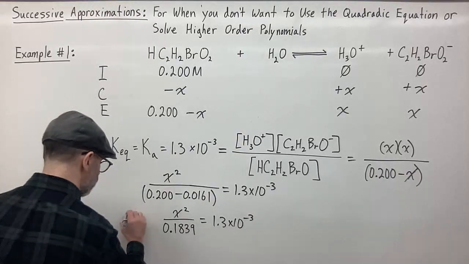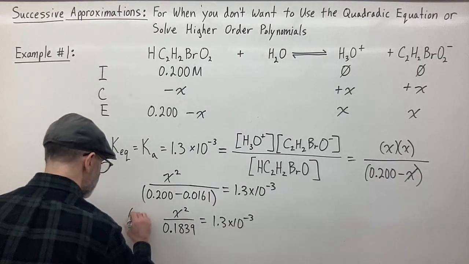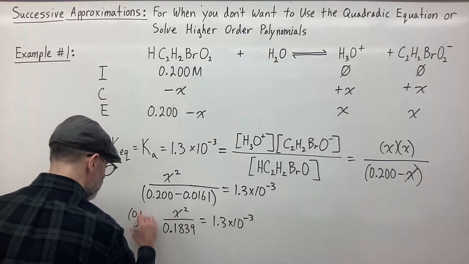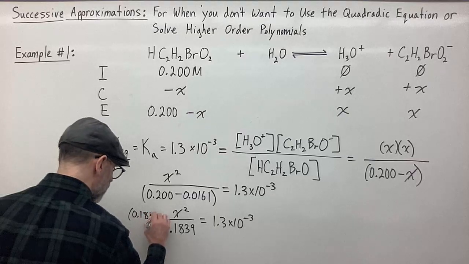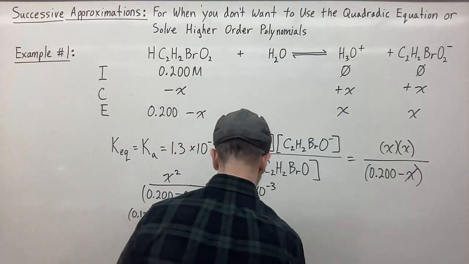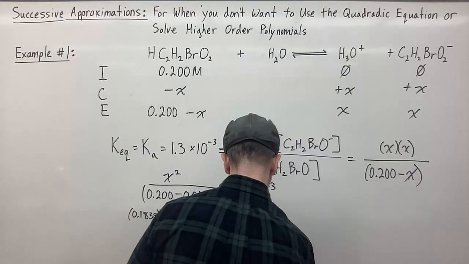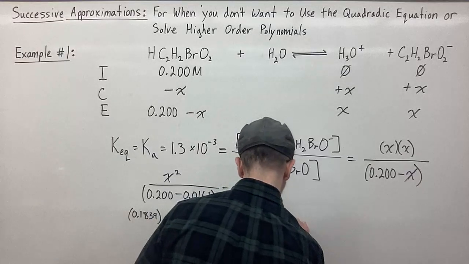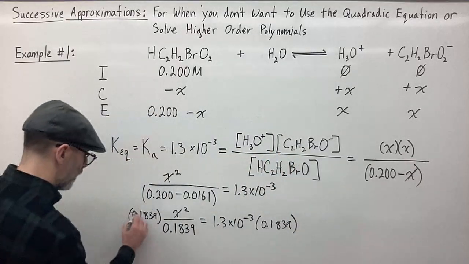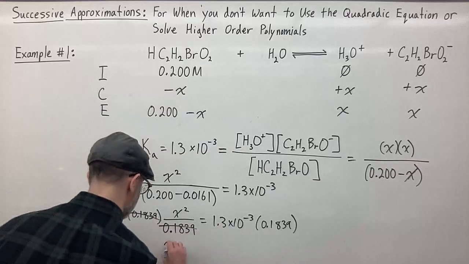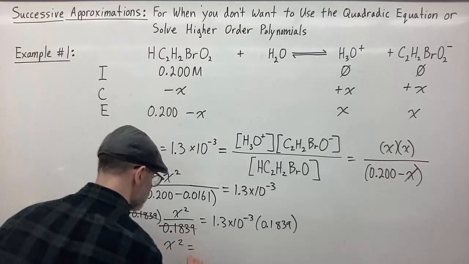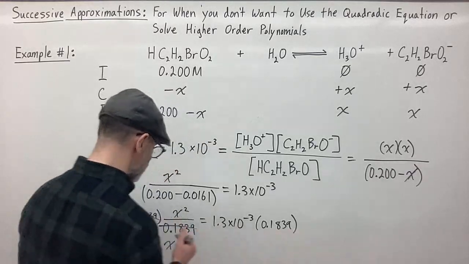So again, I'm going to multiply both sides by 0.1839. So that's going to cancel out and end up with x squared is equal to this times this.